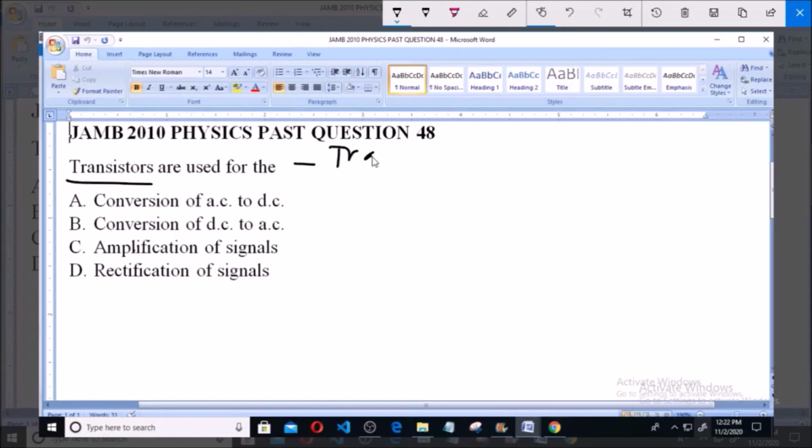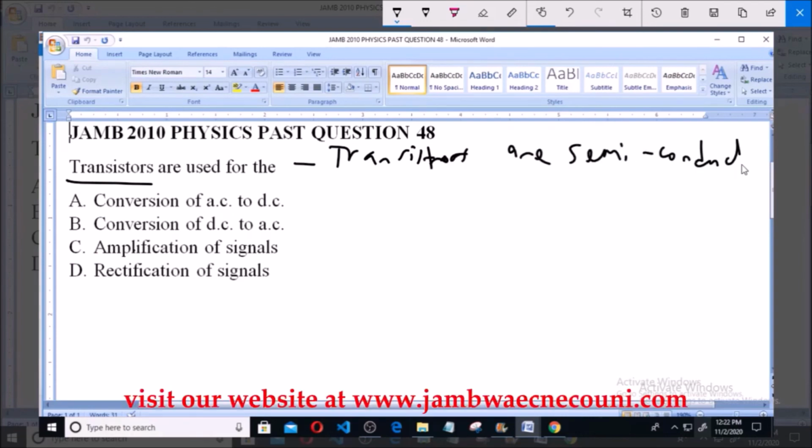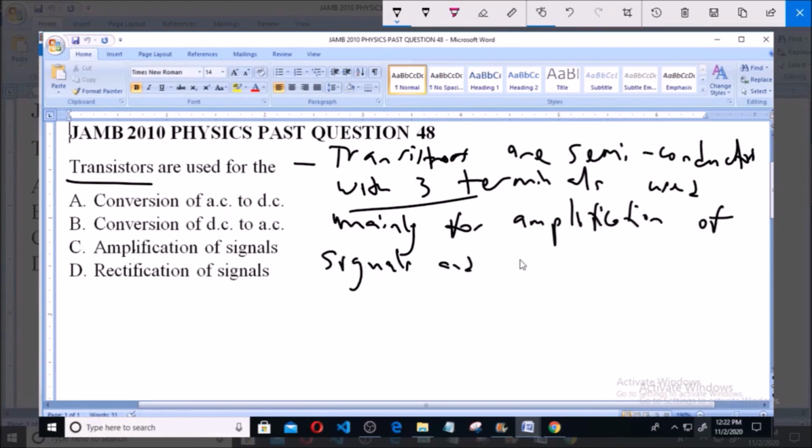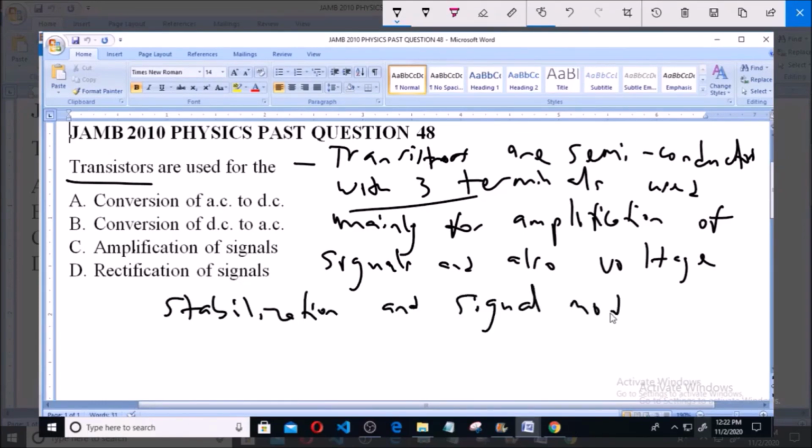Now it's important to note that transistors are semiconductors with 3 terminals, used mainly for amplification of signals and also voltage stabilization and signal modulation.